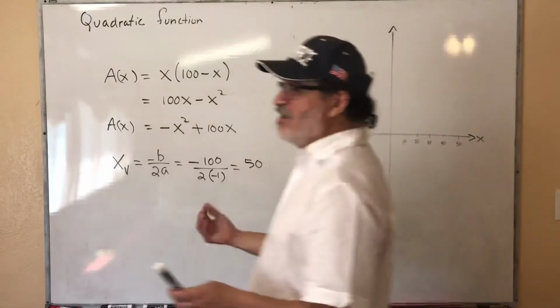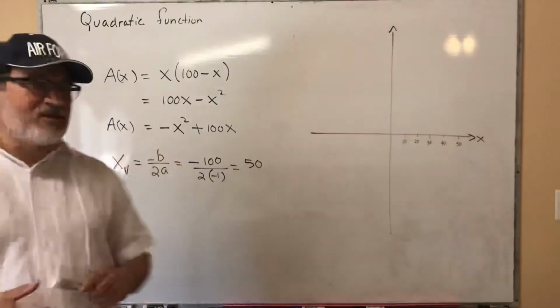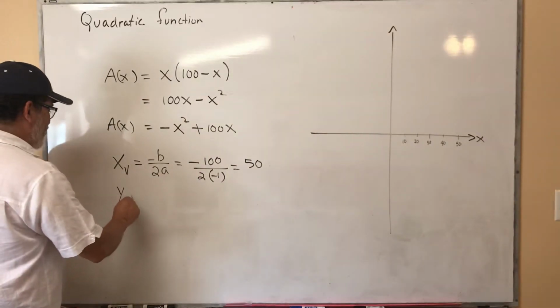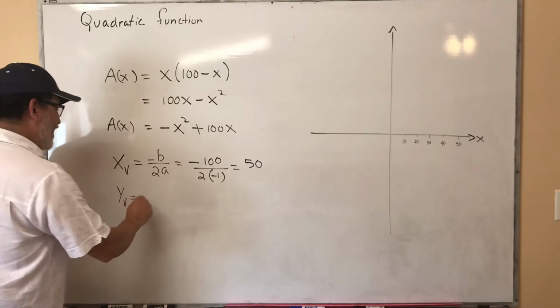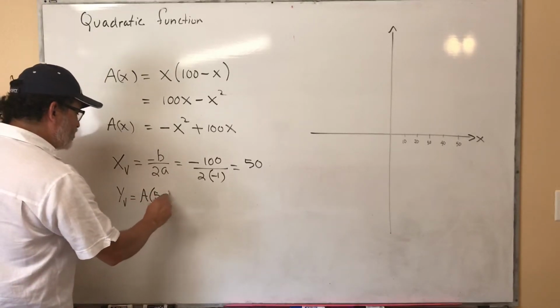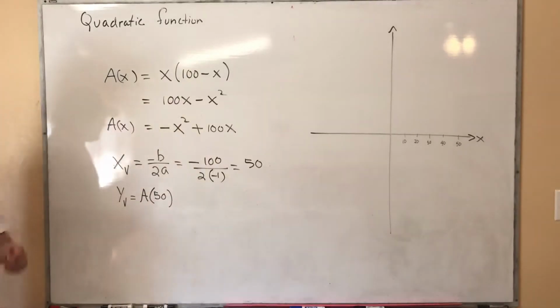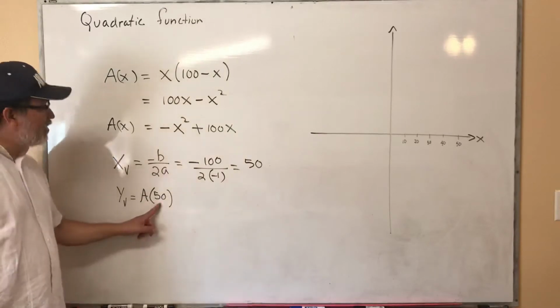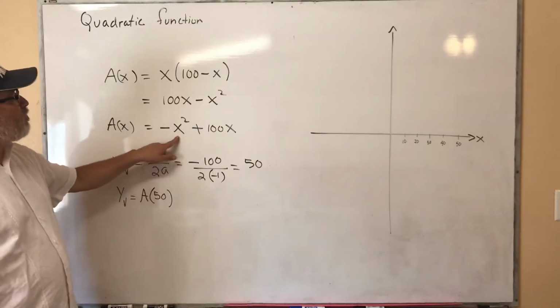How do you find the y-coordinate of the vertex? Well, the y-coordinate of the vertex is equal to the area of the x-coordinate of the vertex, which is 50. Okay? So take this area. You can plug it in there or you can plug it in there.